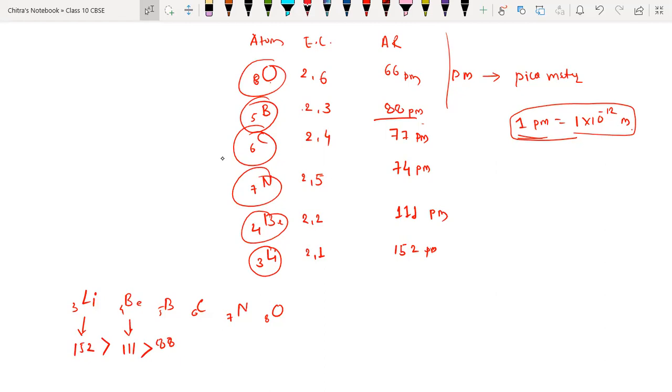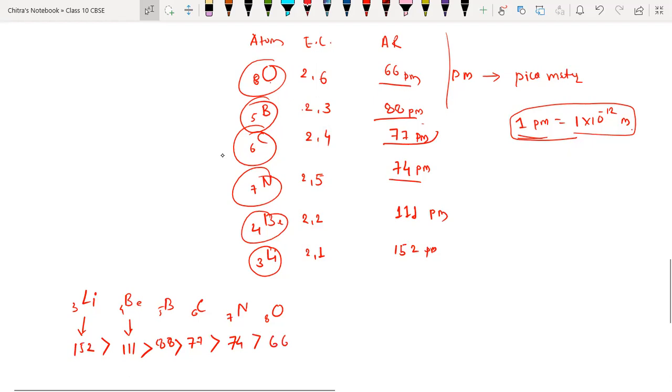Then carbon has atomic radius of 77, again smaller than boron. Then for nitrogen we have 74 picometer, and for oxygen we have 66 picometer.